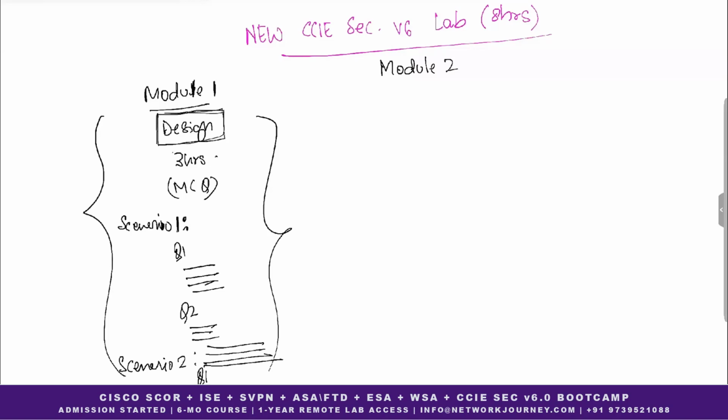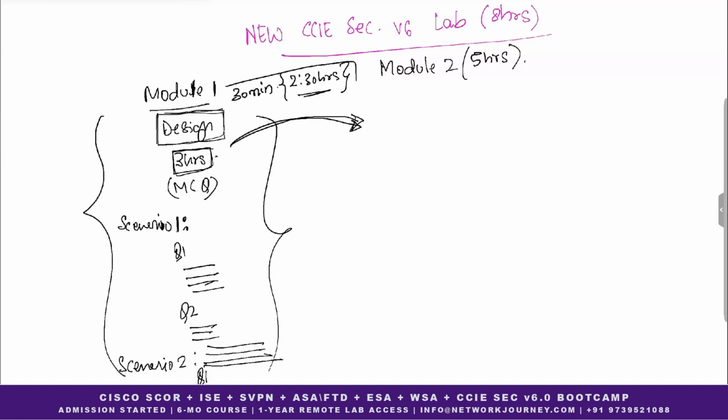Now remember, you don't need to sit for 3 hours before switching to the next module. You can also finish in 30 minutes and then go to the next module. But the remaining leftover time, which is 2.5 hours, doesn't get shifted to the 5 hours of the next module.